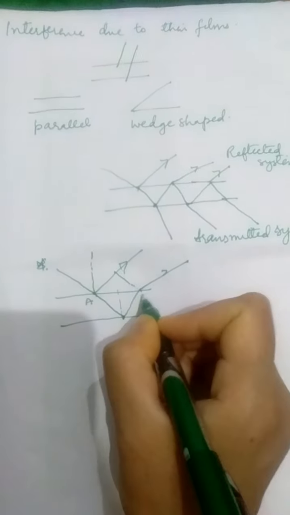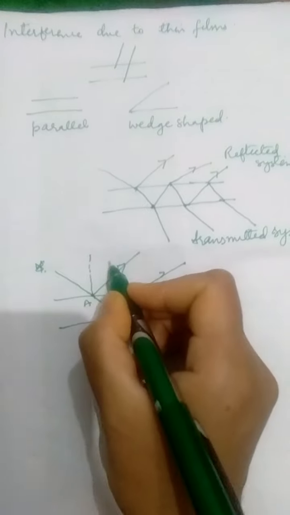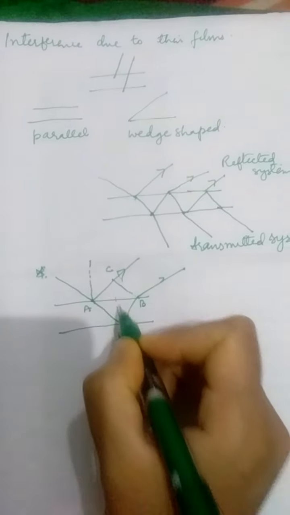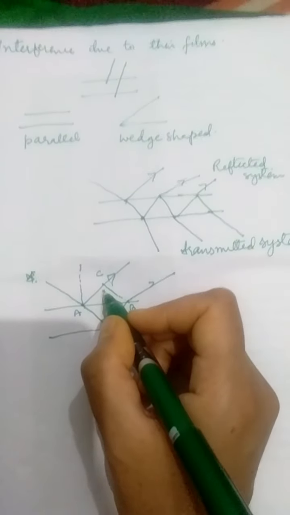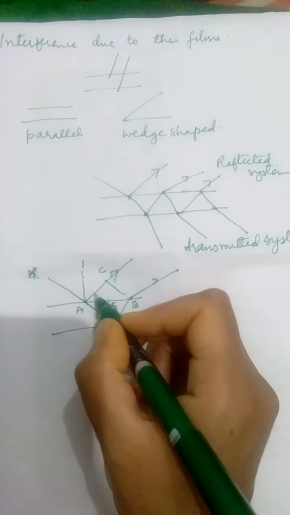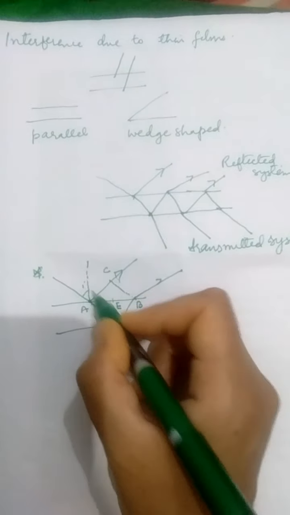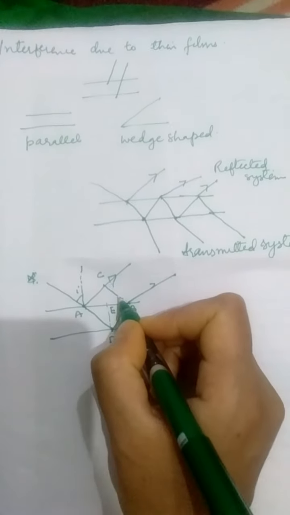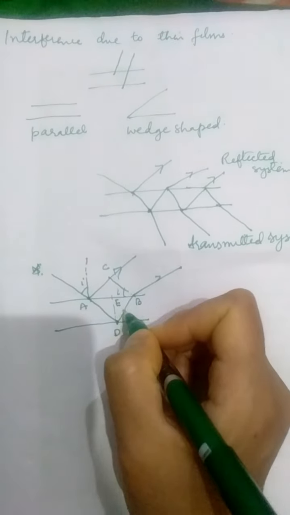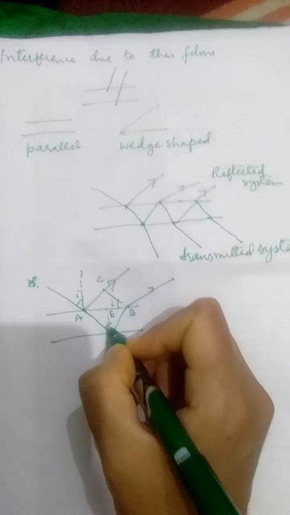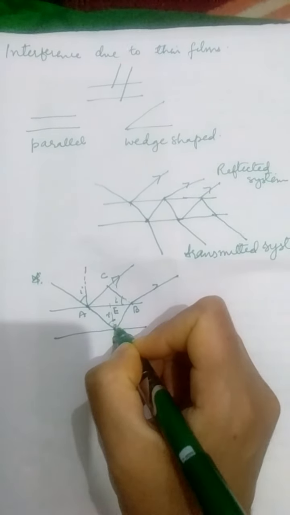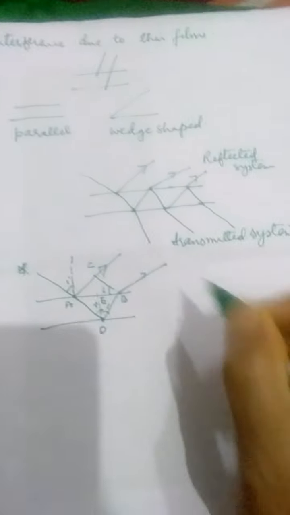This is A, this is B, this is C, this is D, suppose this is E, this point, right? So this is angle of incidence here, right? This is also angle of incidence. Now this is angle of refraction. This is also angle of refraction, right?